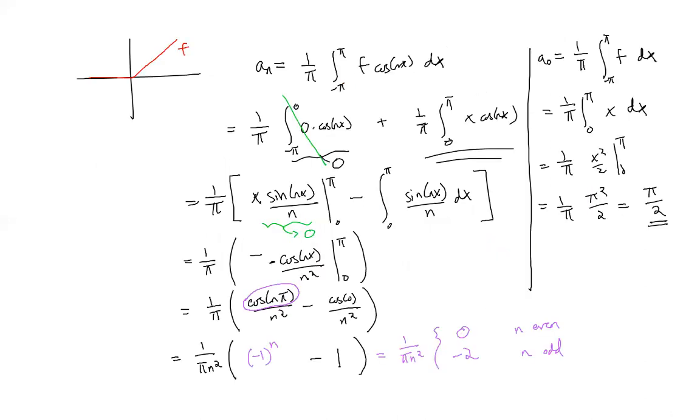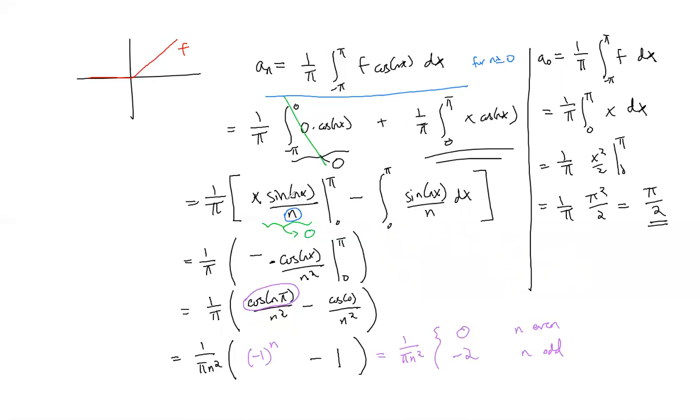But the reason you do A0 separately is because this is the formula for An, for n at least 0, right? And when I try to compute this formula, at some point I'm going to divide by n, which is incorrect if n is 0.